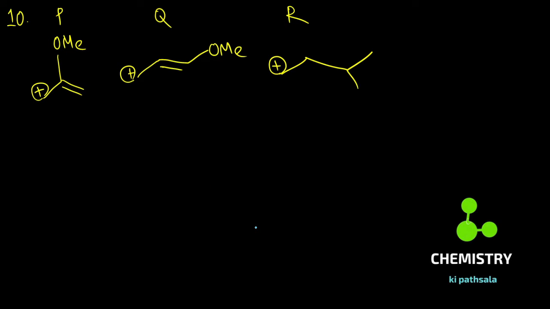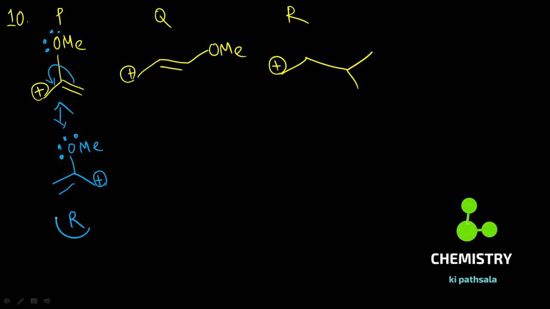Coming to the next slide, question number 10. Now you have to draw the resonating structure so that your confusion will be cleared. So if you do the resonance here, did you find any difference, or any chance of the mesomeric effect? Of course not.